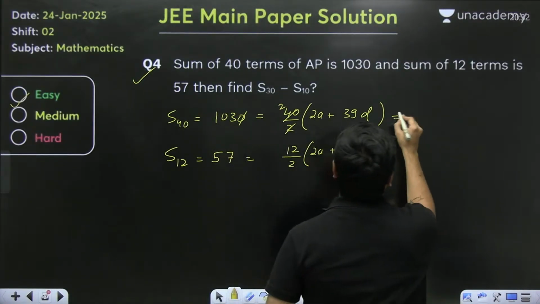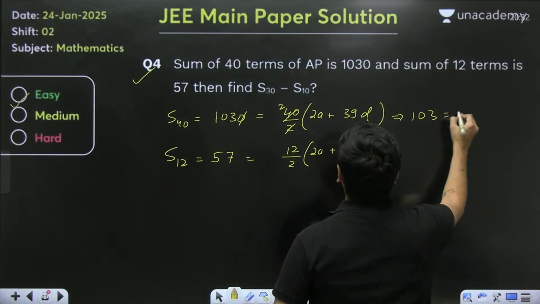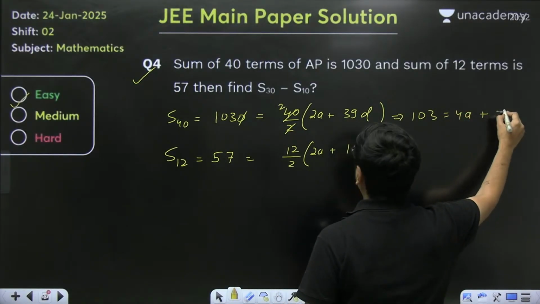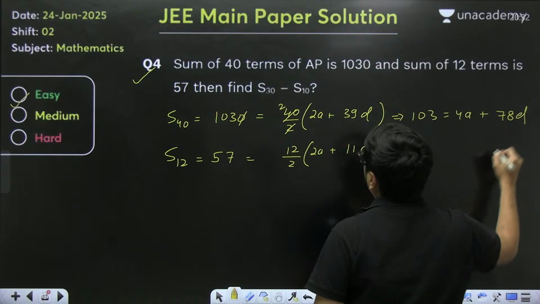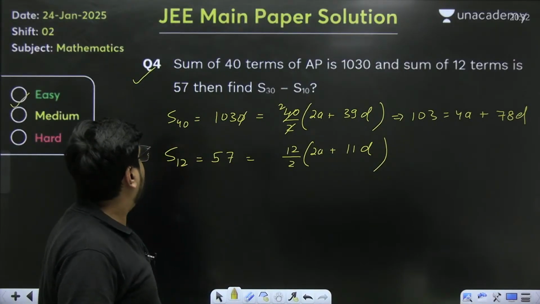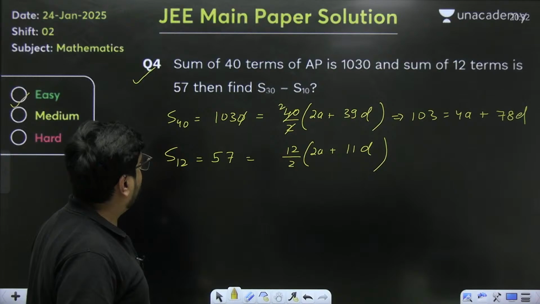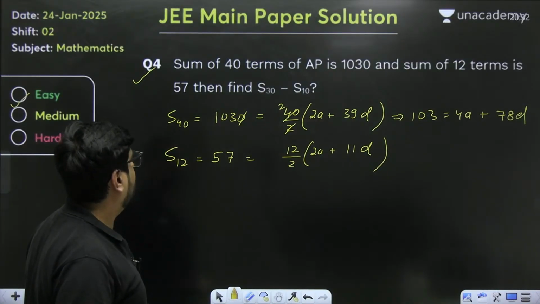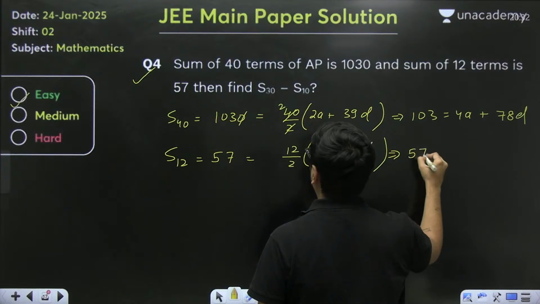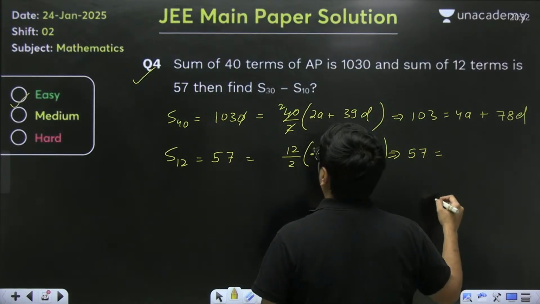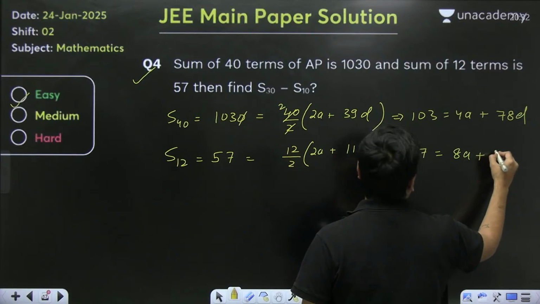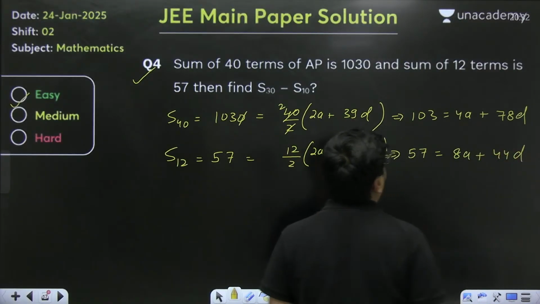So this will just become 103 equal to 4A plus 78D. And this will become, 6s are 12, so 57 equal to 8A plus 44D.